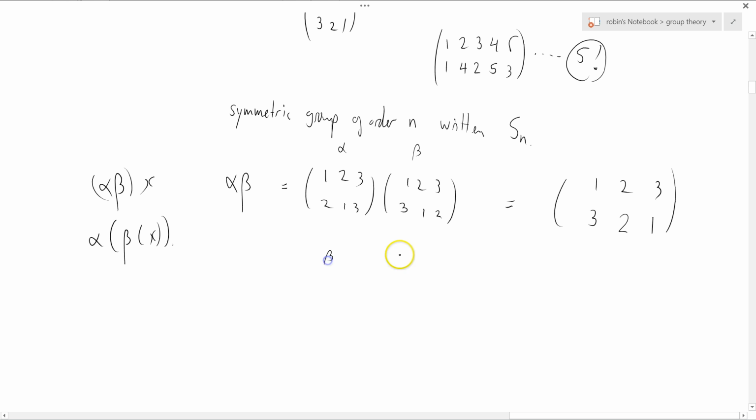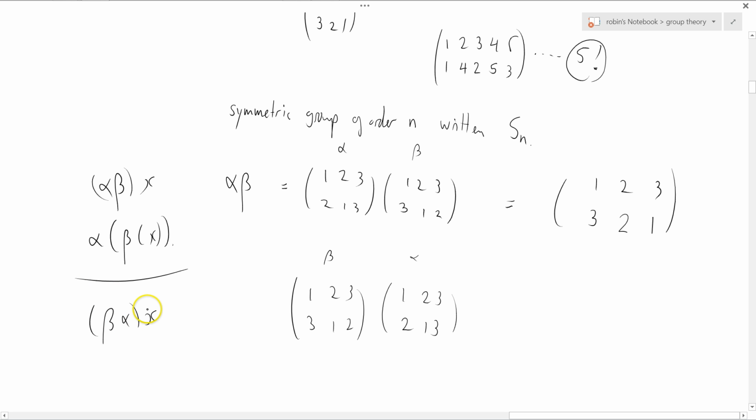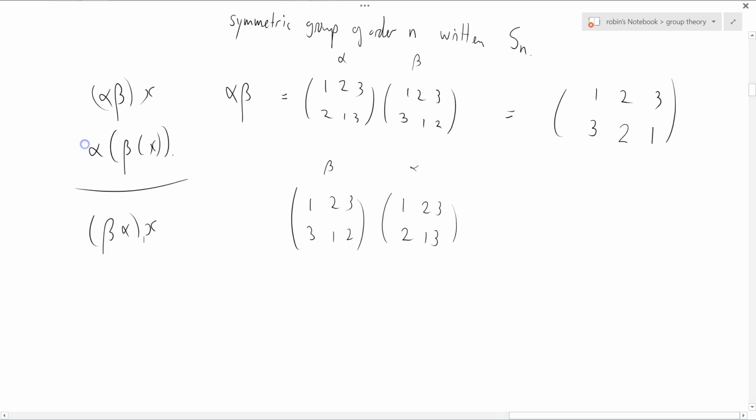Let's work out what beta alpha is, just for the hell of it. 1, 2, 3, 2, 1, 3, that's alpha, and beta was 1, 2, 3, 3, 1, 2. Again, what we're doing here is working out beta alpha as a function of x, where x is this set here, 1, 2, 3.